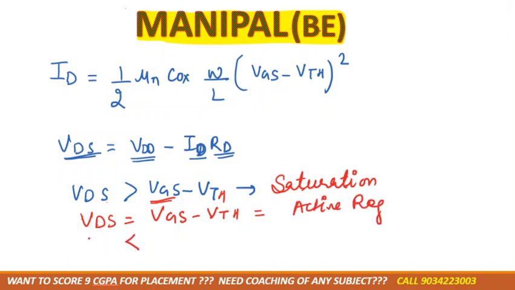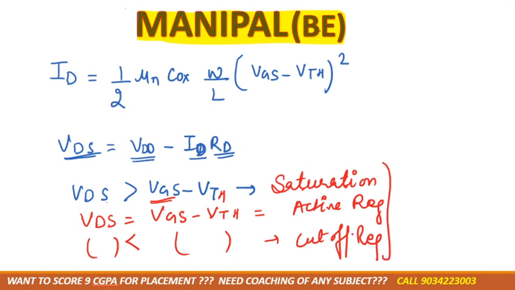And if it's less, then it will work as a cutoff region. I told you all the three regions, active, saturation and cutoff. They will give you this in the question. If they haven't mentioned anything, then we need to consider it's an active region. Now one another formula for VDS in terms of VGS is VGS minus VTH that I told.